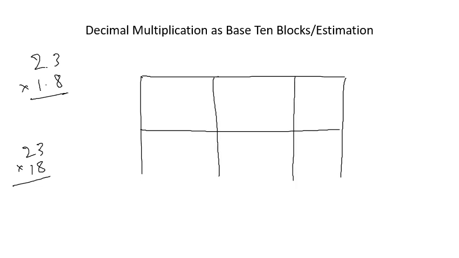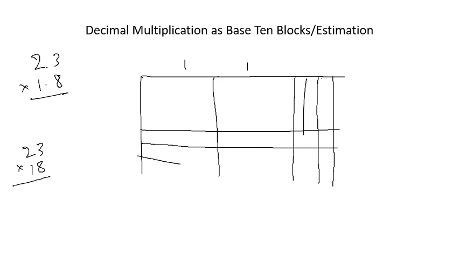So this would be my 1, this would be my 1, and this would be my 1, 2, 3. I'm going to make this look a little bit nicer than it does. Like that. So then this is my 1 here. And so then this is 1, 2.